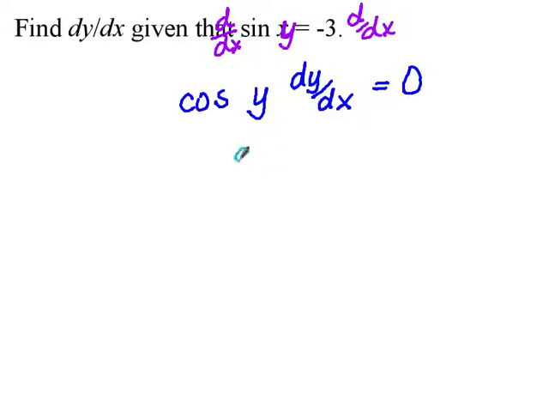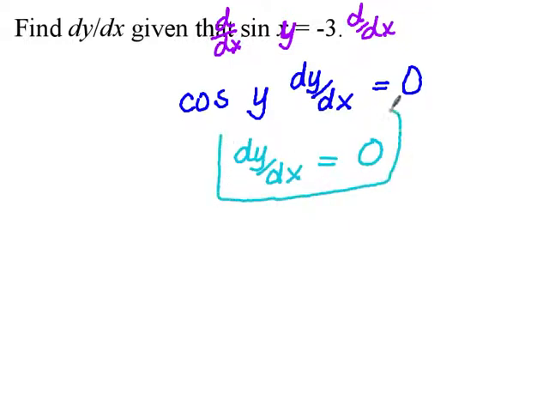Divide by cosine. So what do you get dy dx to equal? 0. Which is just 0. Okay? Questions?